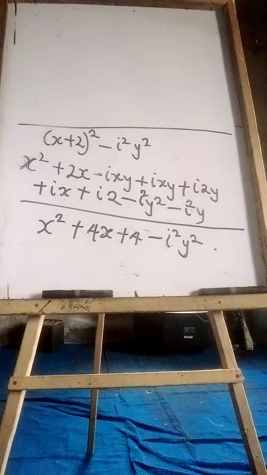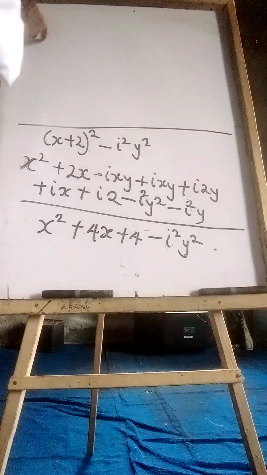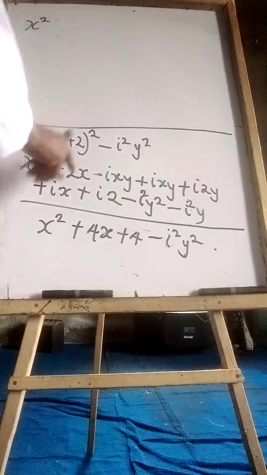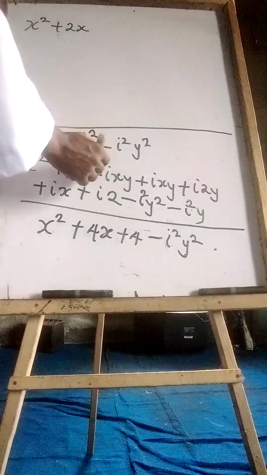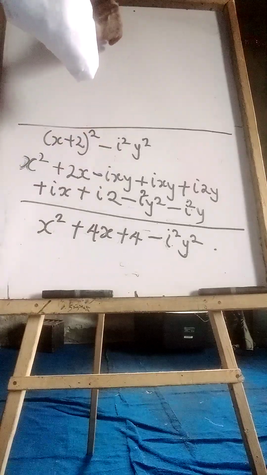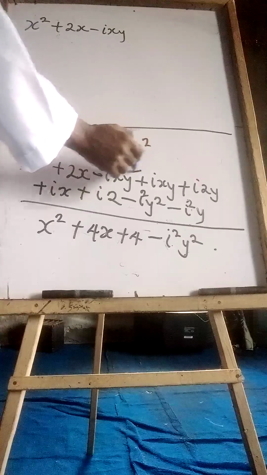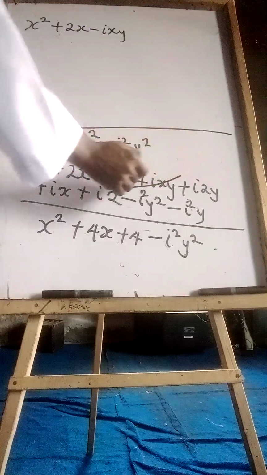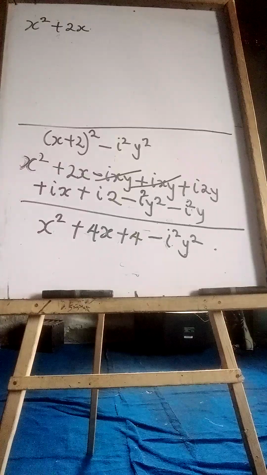So having noted that, this will now become x squared plus 2x minus ixy. Minus ixy will cancel plus ixy to save our time. So what do we have?